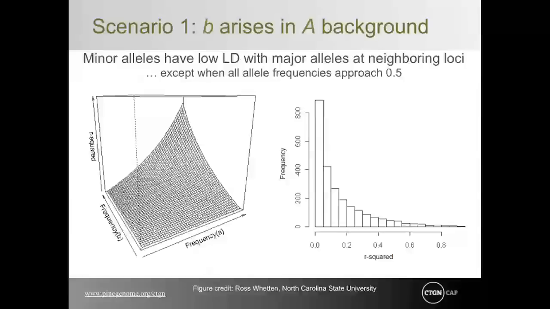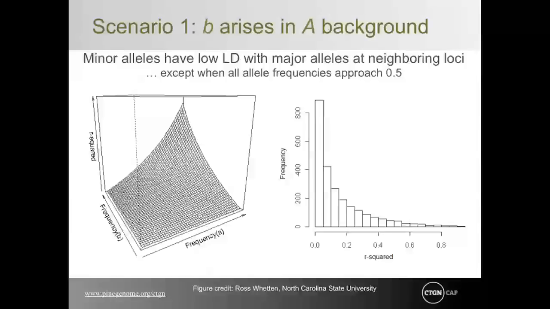In the first scenario, the minor allele, lowercase b, occurs paired with the major allele, uppercase A, and linkage disequilibrium is quite low across most of the possible combinations of minor allele frequencies. Alleles lowercase a and b are defined as minor alleles, and so the maximum value of possible frequencies for those alleles is modeled as 0.49.